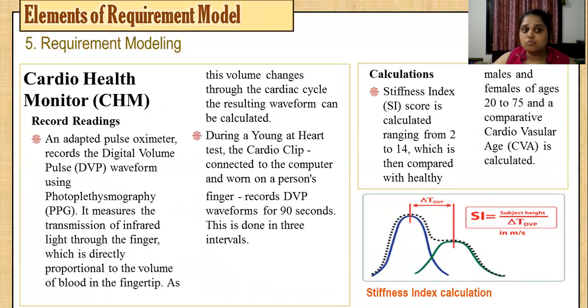So first, let us know more about the system. The system was working in two parts. The first part was record taking, another part was calculation. In record reading, the cardio clip had something called an adapted pulse oximeter. Now this adapted pulse oximeter works by taking DVP, that is digital volume pulse.